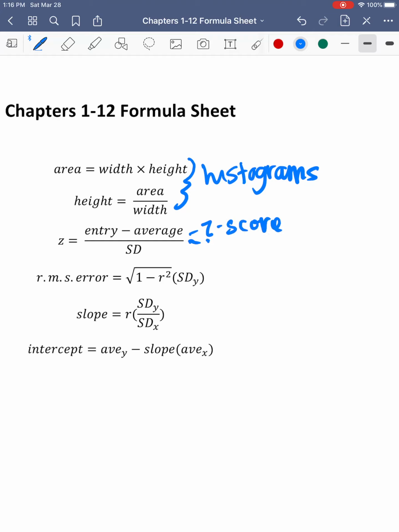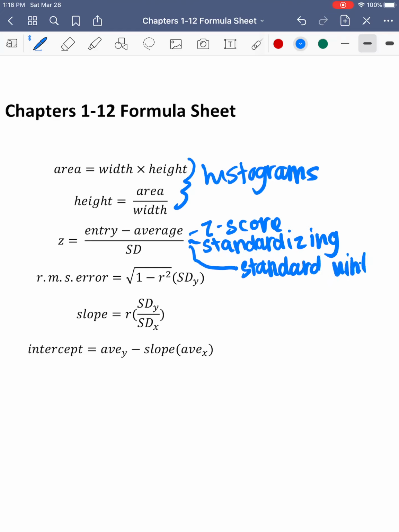You are standardizing when you create the Z-score. It's also called standard units. And what it's finding is how many standard deviations away from the average that specific score is.